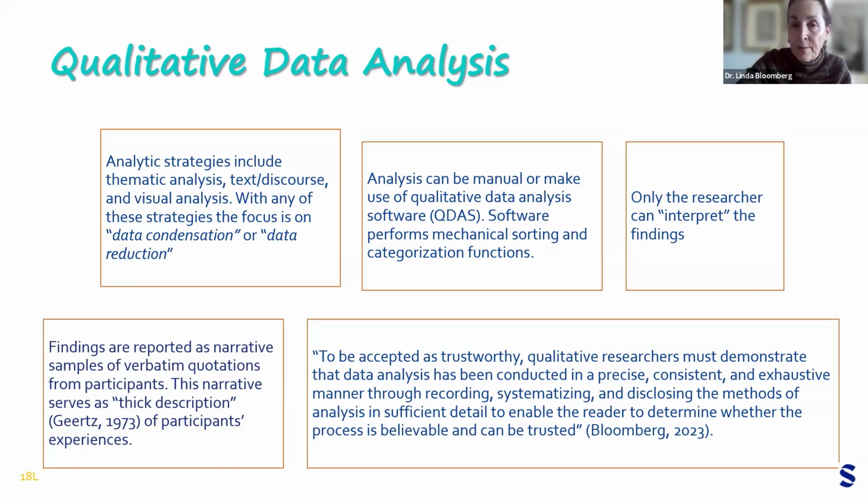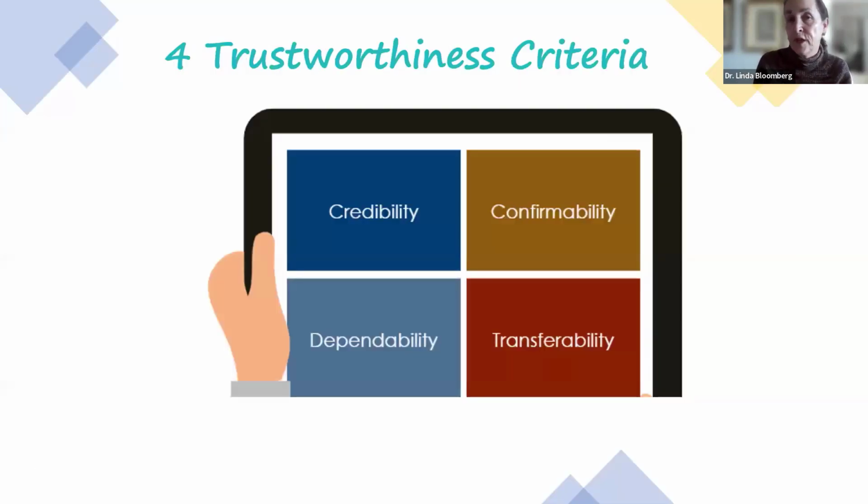Now I'm not going to talk about trustworthiness on this slide because I actually have it over here. So with qualitative research, there are 4 criteria of trustworthiness. Remember, we don't refer to reliability and we don't refer to validity. Those are particularly quantitative terminology.